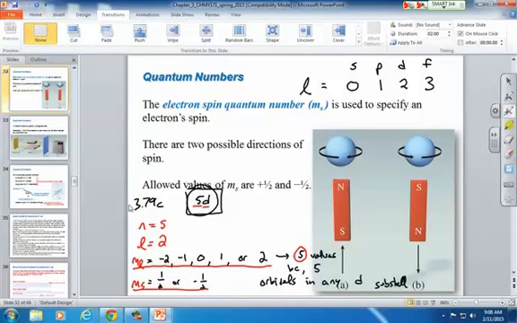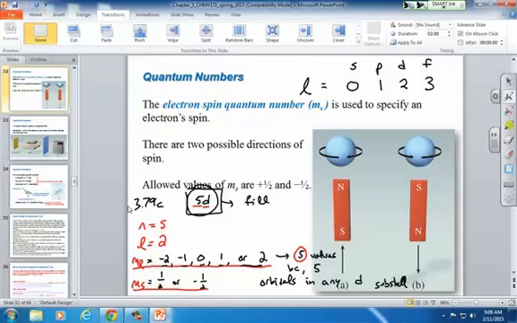So if I wanted to fill this 5D subshell, since there are 5 orbitals in any D subshell, and each orbital can hold a maximum of 2 electrons, that means I have a maximum of 10 total that could fit in there if I were to fill up all of those orbitals.